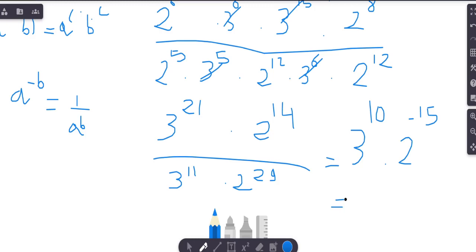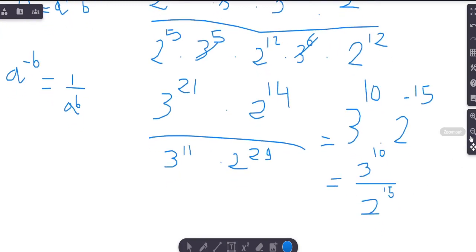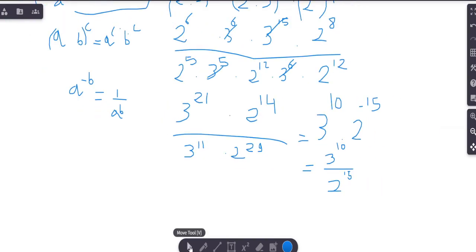So we can rewrite it as 3 to the 10 divided by 2 to the 15. Okay, so that's our answer: 3 to the 10 divided by 2 to the 15.